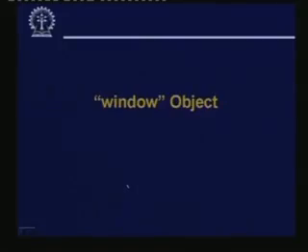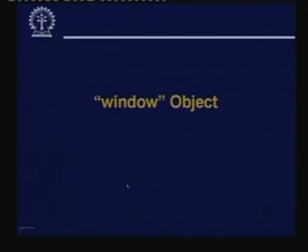Now, we shall try to systematically look at the different object types and the different attributes and methods which are available to be used along with those objects in JavaScript. So, the first object that we look at is the window object.